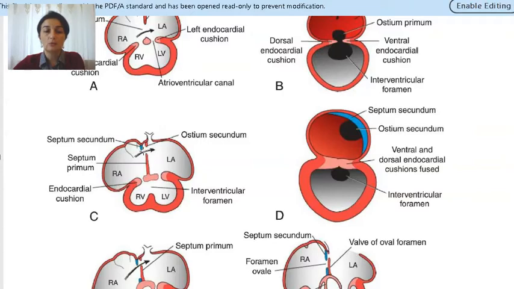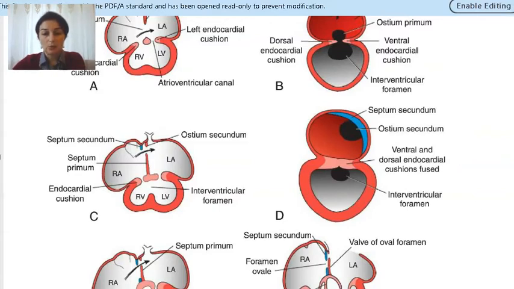Finally, they will form an opening. If you pay attention to the septum primum, under it will form the ostium primum that then will fuse. Then in the proximal part of the septum primum there is formed the ostium secundum. So that is called the ostium secundum, this opening.